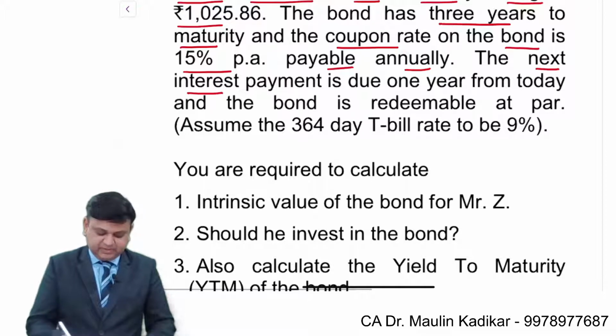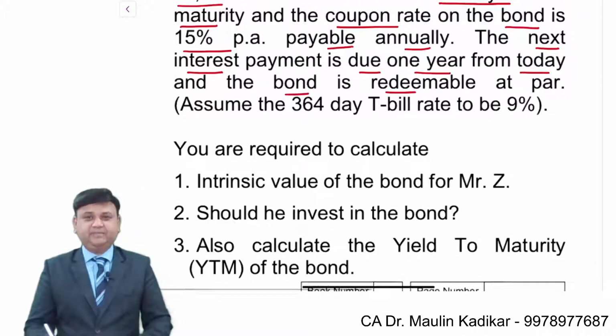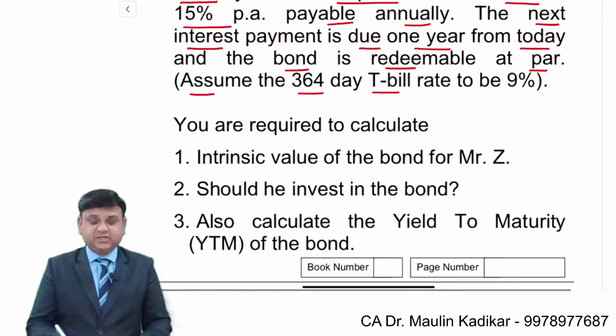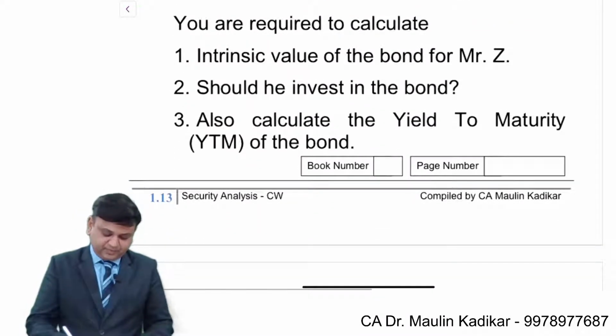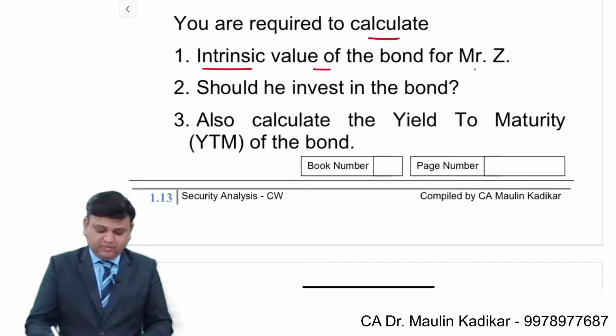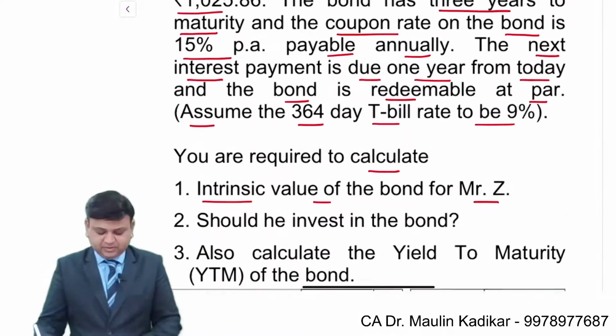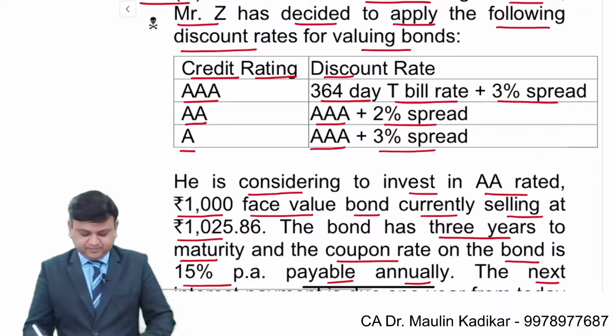The next interest payment is due 1 year from today, and the bond is redeemable at par value, that is at face value. Assume 364 days treasury rate to be 9%. You are required to calculate intrinsic value of the bond for Mr. Z. Then second and third part of the question is provided to us.